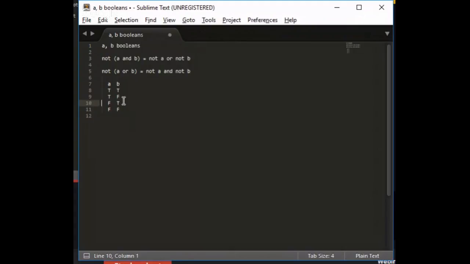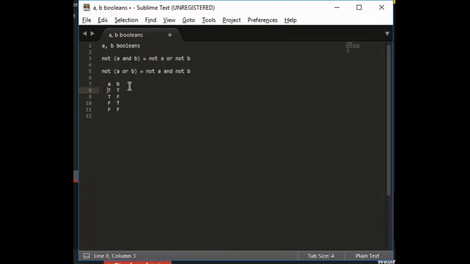These are all four possibilities for two booleans, right?